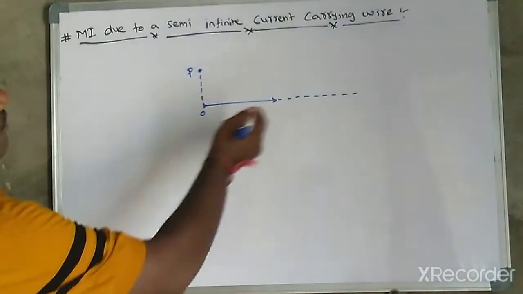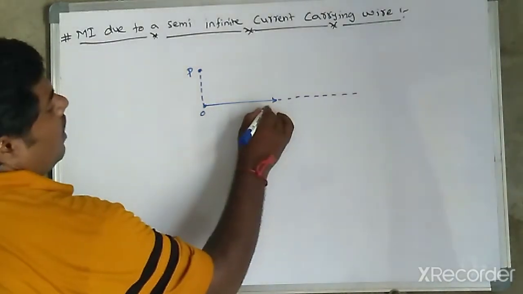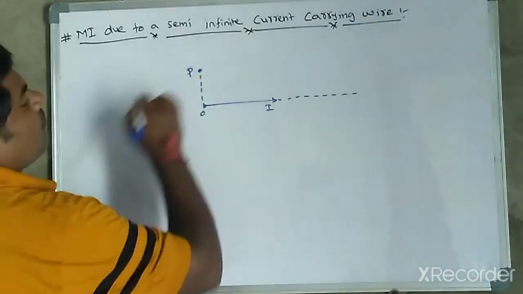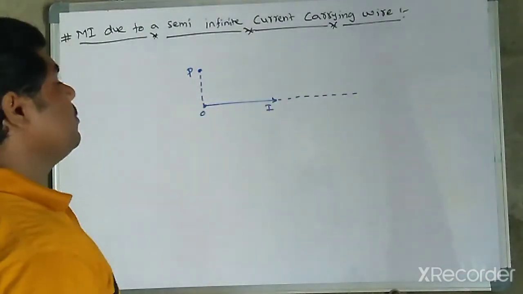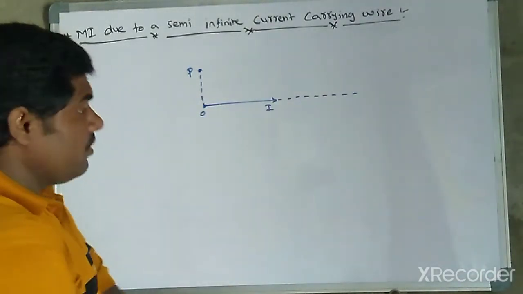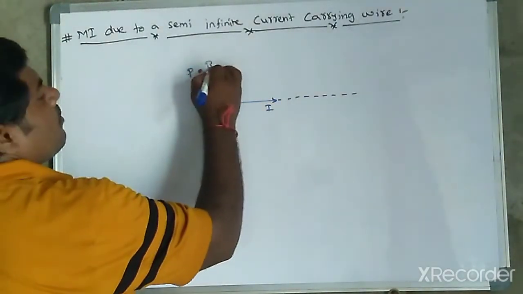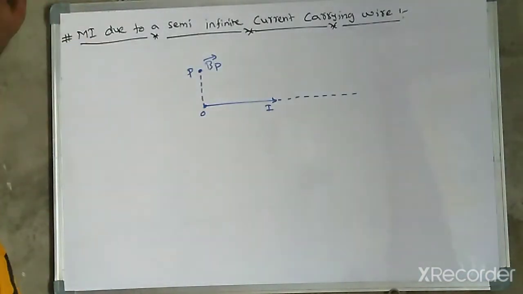Whenever the current moves like this, you may identify the current direction here. This is the current direction I. So here the magnetic field. Let us consider a small element here. That part you may do. I am going to tell you in a very simple way. Here the magnetic field I would like to consider is BP bar.